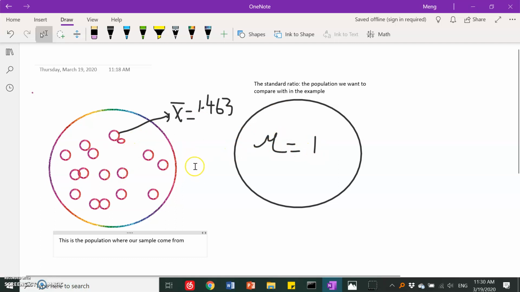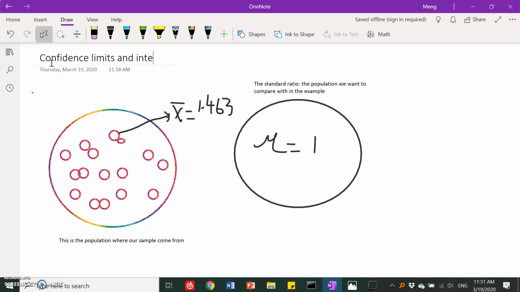So the point here for us, we just talk about these confidence limits, and what are these two things, and what's the point here? So before I explain the details of these two things, I want to say the purpose why we want to have these confidence limits or the interval.